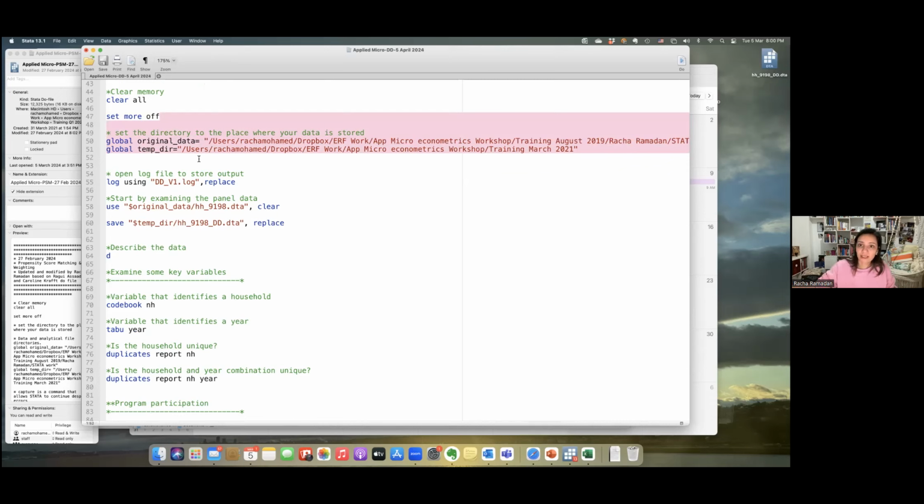So when I send the file to Chahir, he simply has to change these two lines and put the path on his computer. So if you do this correctly, you can simply run the whole exercise. If not, you can use it and save it every time by writing the whole path.